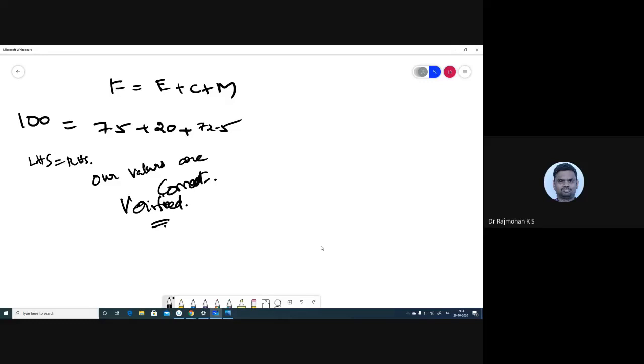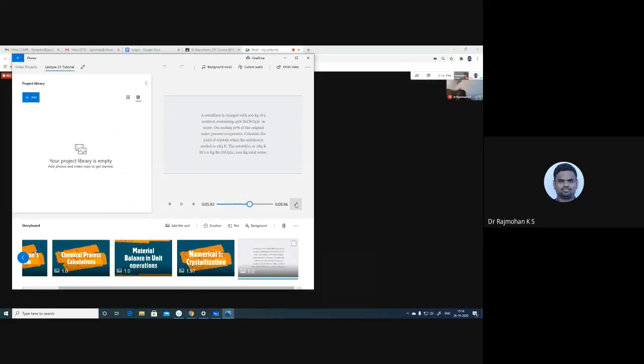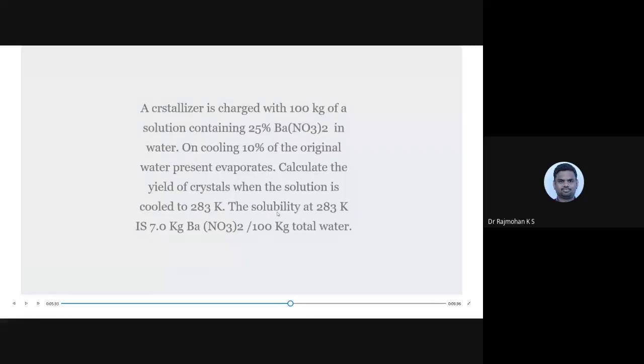So what is the question here? Again, go through the question and write the answer in a sentence. It is asked to calculate the yield of crystals when the solution is cooled to 283 Kelvin. So the answer is: the yield of crystal is this much kg.